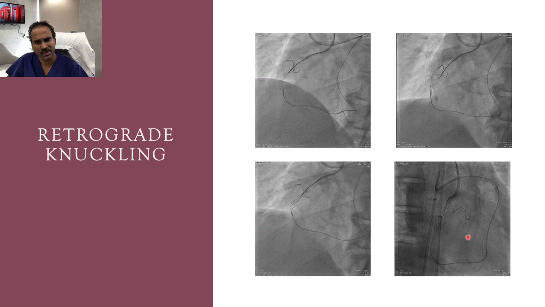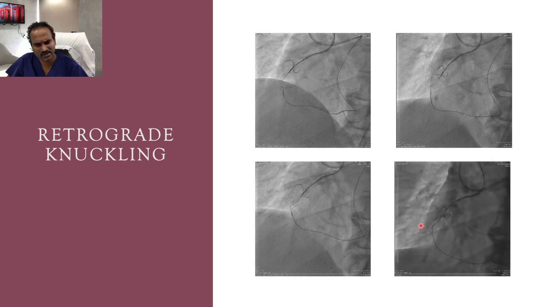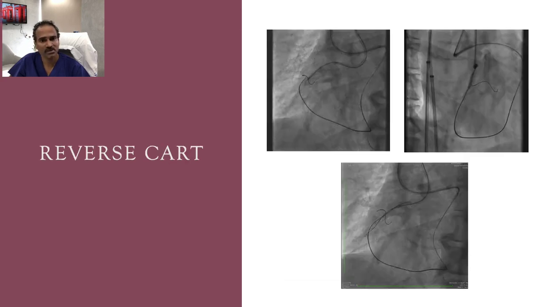The microcatheter is advanced, and you can see the microcatheter is moving along the RCA wire, but the antegrade wire and retrograde microcatheter are widely separated. But they are within the vessel architecture, which we can see by the movement of the wire. So at this juncture we switched to conventional reverse CART.